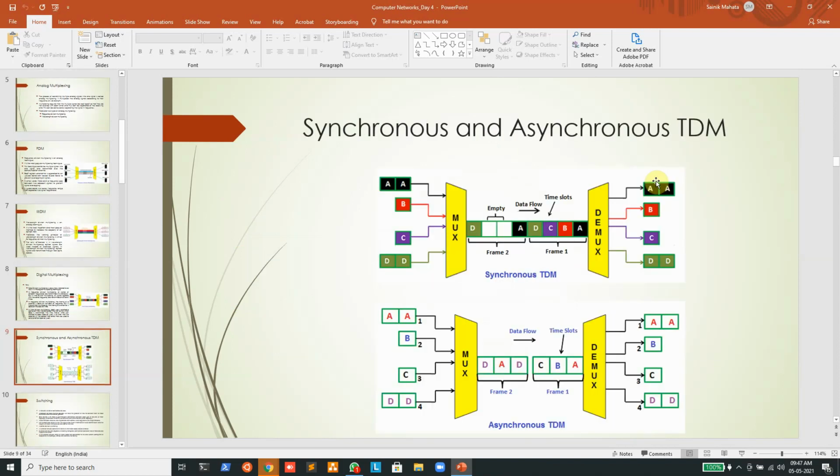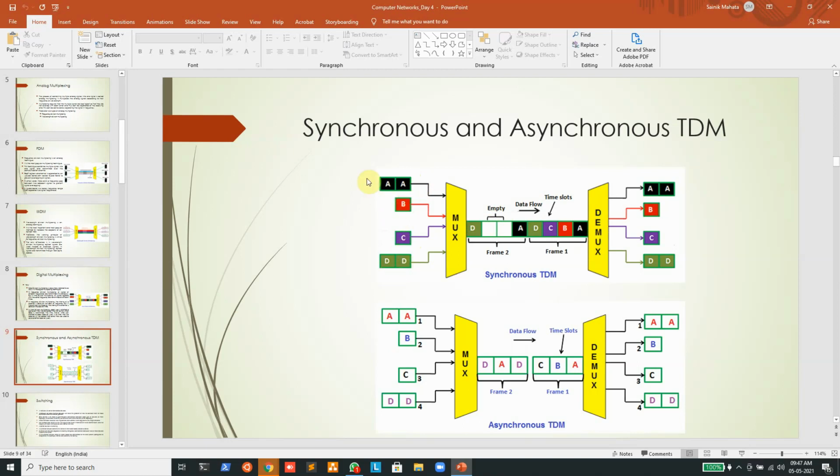Now, similarly, we have synchronous and asynchronous. Obviously we understand that in synchronous time division multiplexing, all the data will be sent in order. You can see that the first device has two data, A and A, the second device has one data, the third device has one data, and the fourth device has two data.